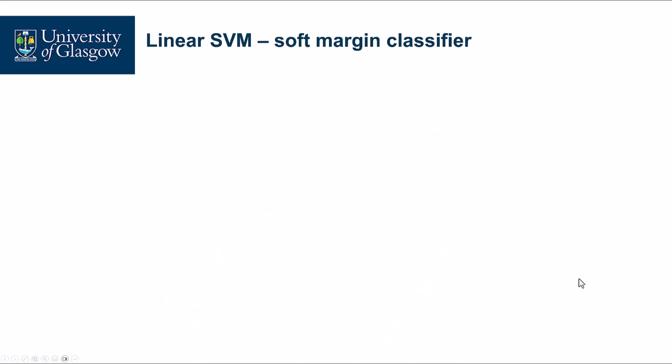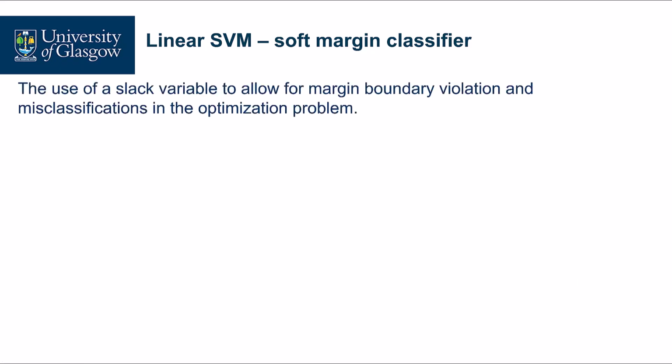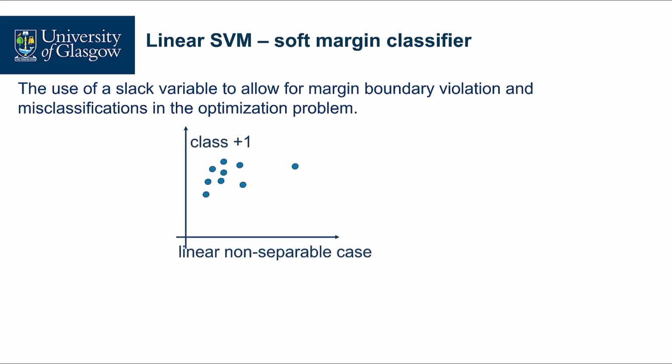In the soft margin classifier, we use a slack variable zeta. The goal is to allow for margin boundary violation and even misclassification in the optimization problem that is solved in the SVM optimization. Here we can see class positive 1, class negative 1, the hyperplane, and the decision boundaries.